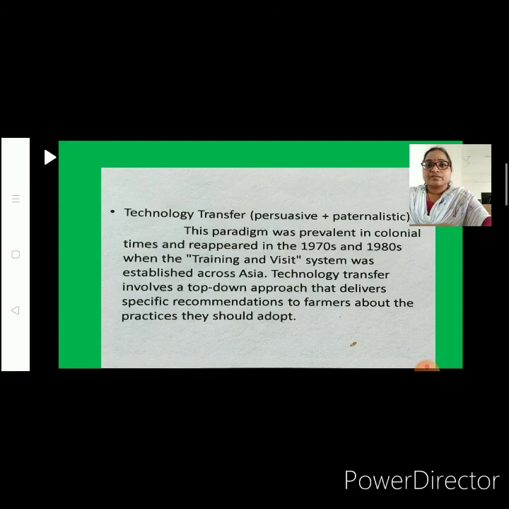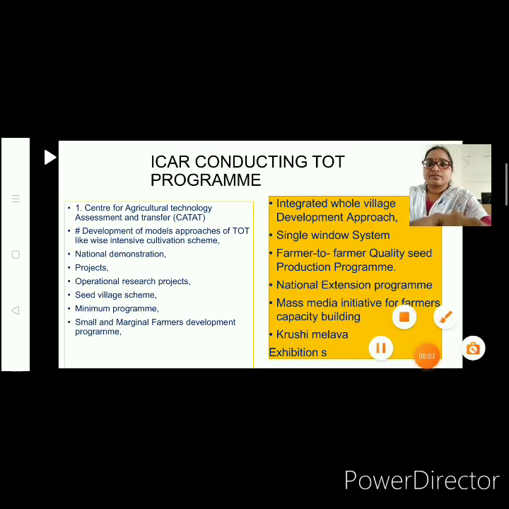As we have seen, ICAR means Indian Council of Agricultural Research. This organization gives regular instructions to the universities, and the state agriculture universities follow those instructions, the different activities and demonstrations, and the different machineries which have been developed by the different universities and research institutions.